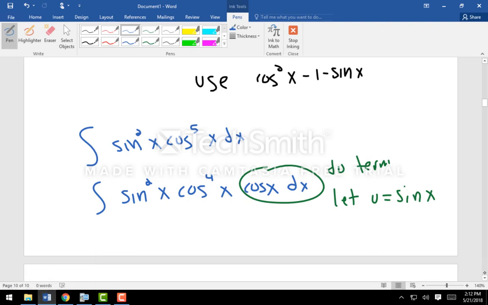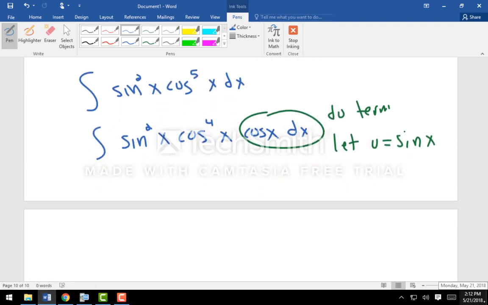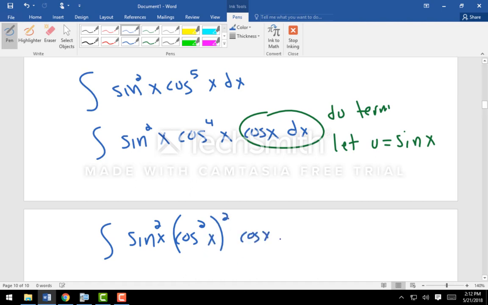Remember, our Pythagorean identity is that cosine squared equals 1 minus sine squared. So what we really have to do first is we want that to be cosine squared, so I'm going to write that as cosine squared squared. And then I can use my Pythagorean identity there.